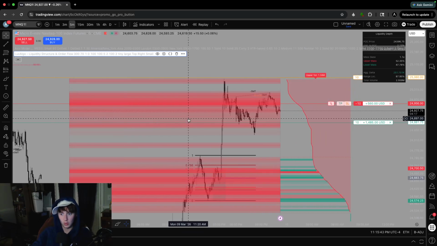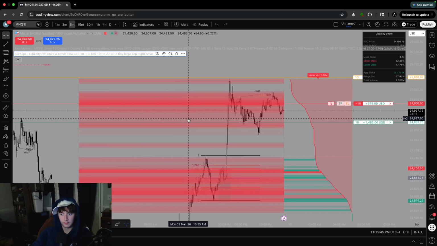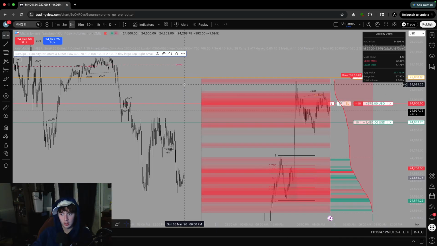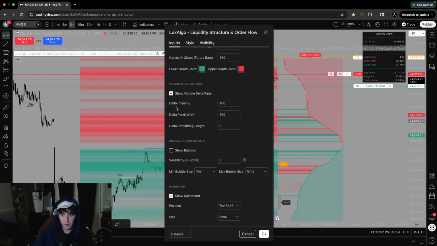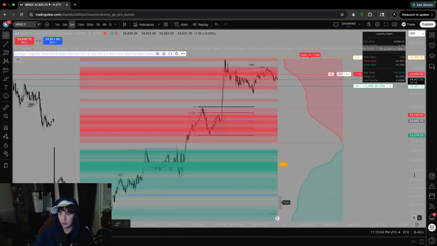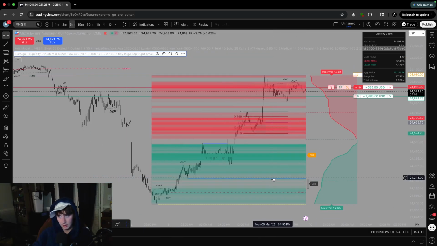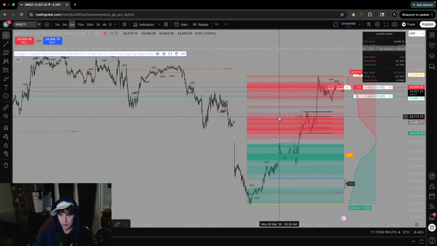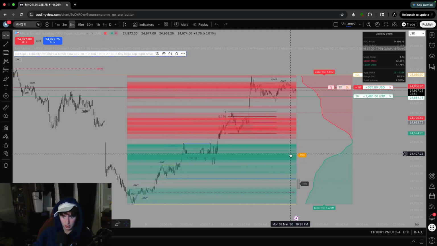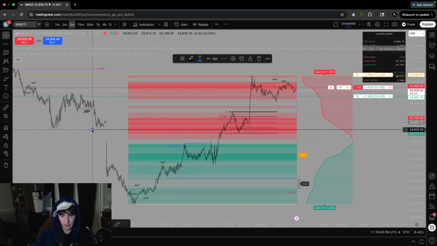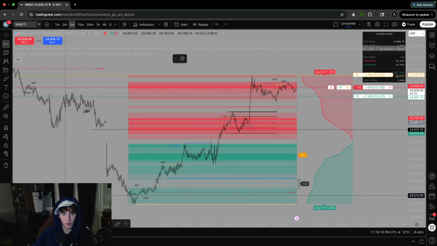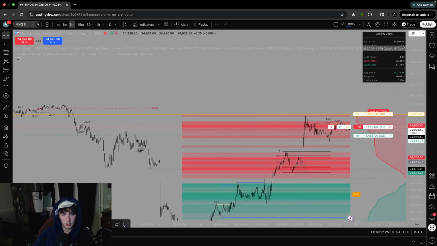So what we are going to do now is we're only taking trades in the direction of the trend, okay? Direction of the trend. So this is bullish, so we should have taken a long, and we're either going to be targeting liquidity, so we'd either target here, or here, or here.